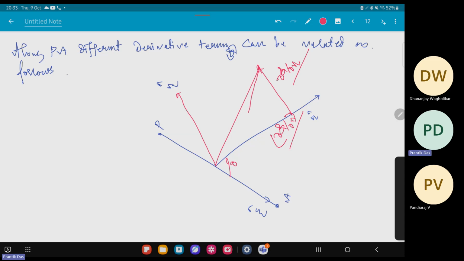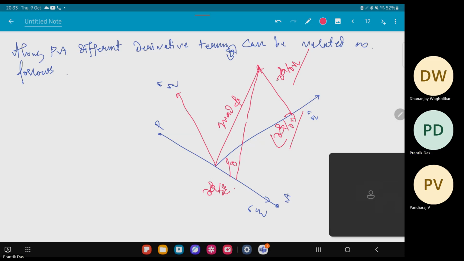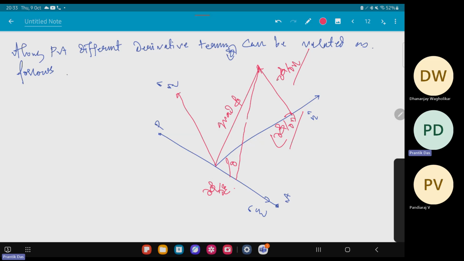If I take the projection of it in this direction, this is d phi d zeta. Similarly, if I take it to be this direction, this angle is theta, so it will be d phi d zeta sine theta.